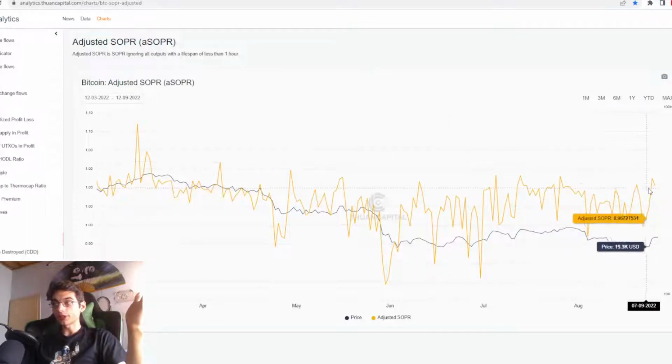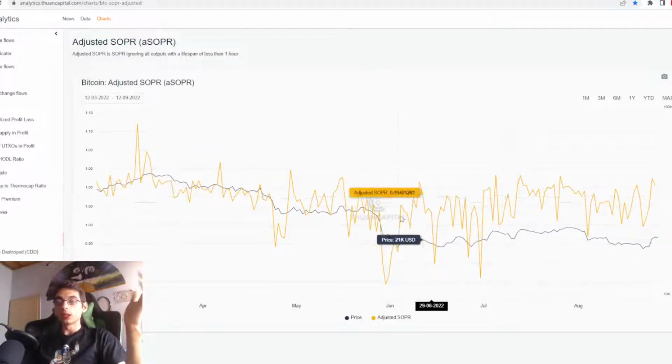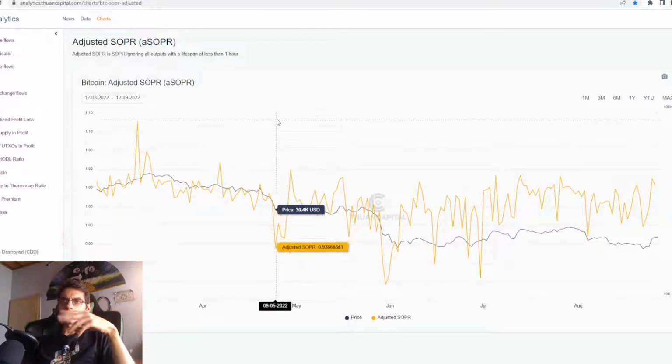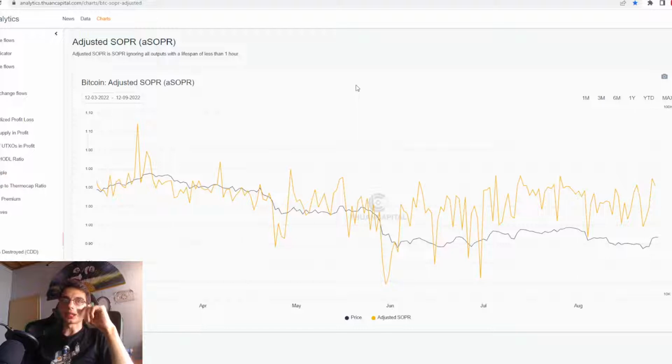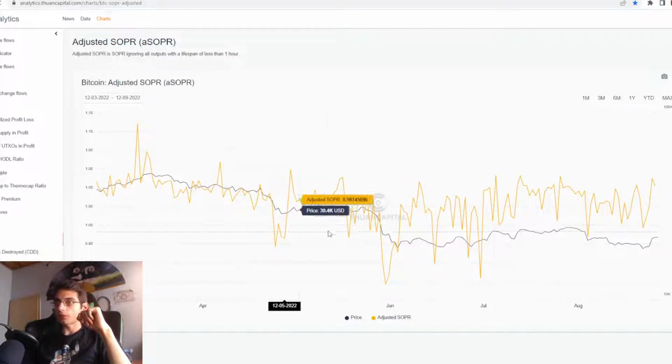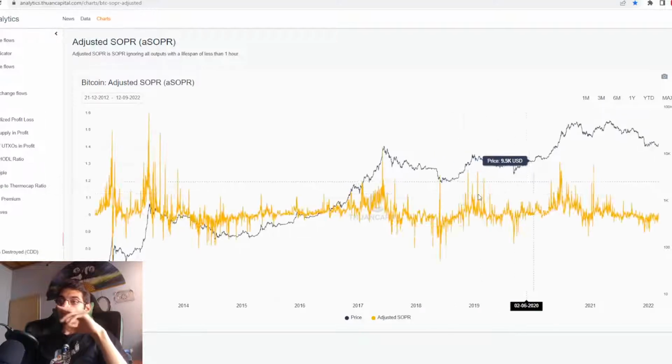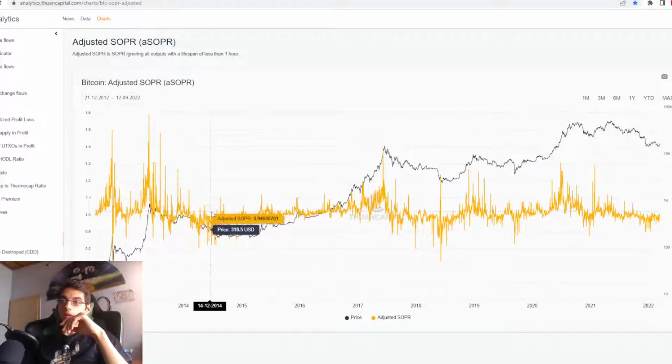And right now we are retesting the 1, and we are still below 1. I did a thread on this on Twitter, to show that the periods where we are below 1 and selling at a loss in the aggregate, we are in a bear market.